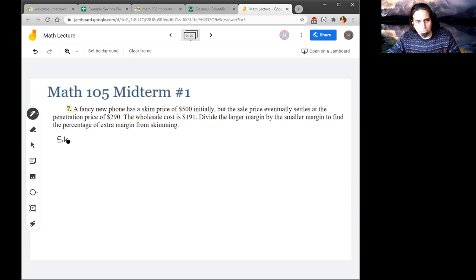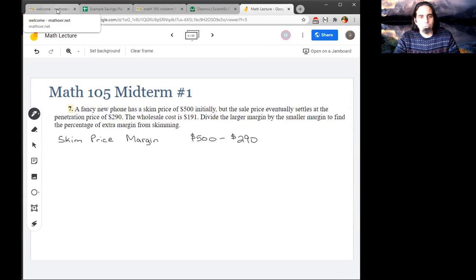What's a skim price, by the way? Okay, so somebody in an old math class didn't tell you this before.